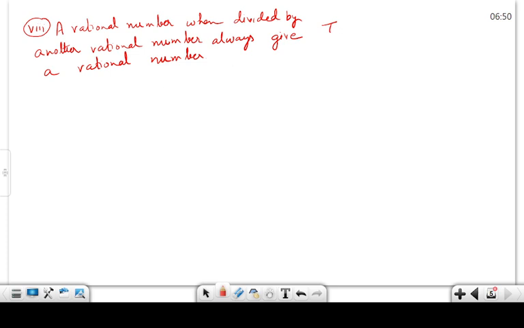Okay. For example, a rational number is 5 by 2. If we divide by 3 by 2, we are again getting a rational number, that is 5 by 2 into 2 by 3, 2 cut, it is getting 5 by 3, and it is also a rational number.